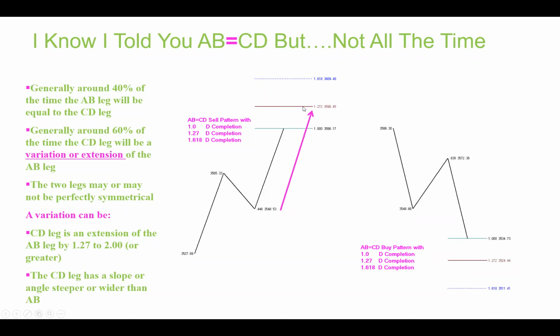Now, here's how I learned the 127. When I learned these patterns, I really was only using ABCD equal to 1.0. So I place a stop somewhere around here and get stopped out and the market would turn. I buy here, place a stop here, because remember, I didn't have these on at the time. Place a stop here, thinking I'm putting it out of the way, get stopped out, and the market turns up.